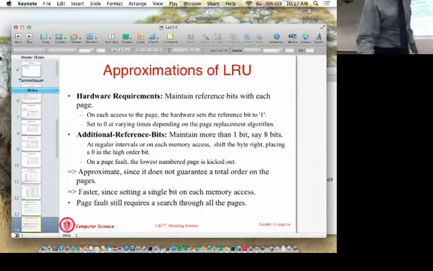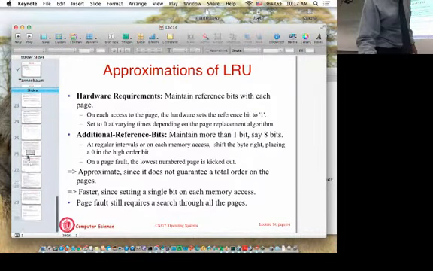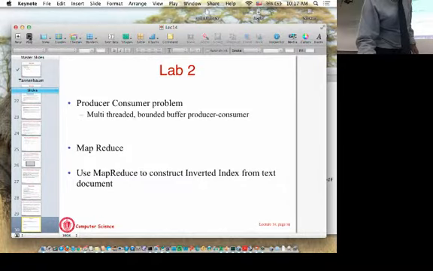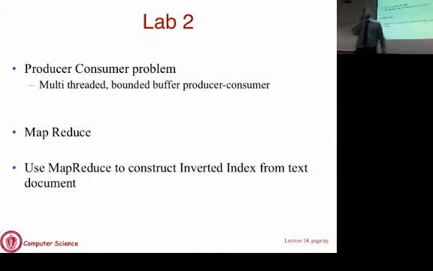Okay. I want to spend a few minutes talking about the lab, which is out. There was no discussion this Friday, so we'll discuss the lab this Friday. But just to give you a sense of what the lab is about, here you need to use threads and synchronization. This is Java code, so you can use your standard Java threads and synchronization.